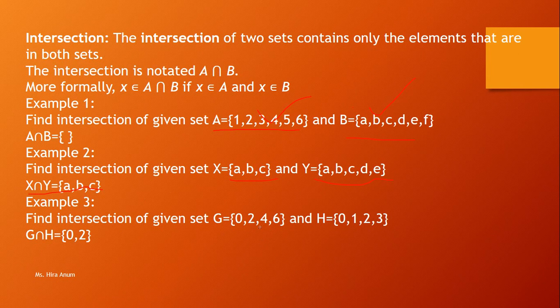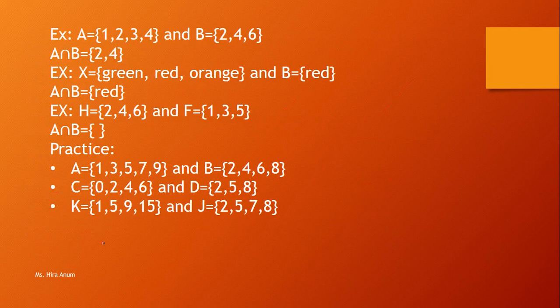Intersection between G equals to 0, 2, 4, 6 and H equals to 0, 1, 2, 3. Then intersection will be 0 and 2. A equals to 1, 2, 3, 4 and B equals to 2, 4, 6 and intersection will be 2 and 4.